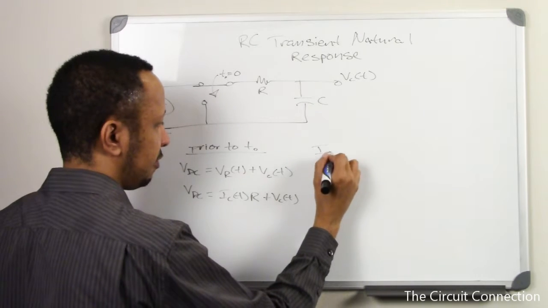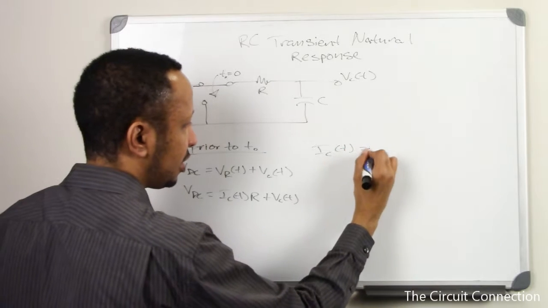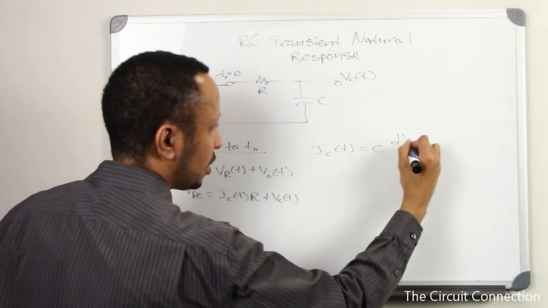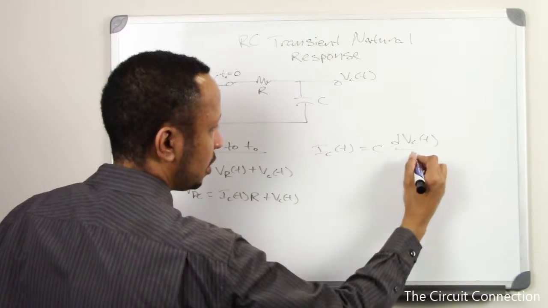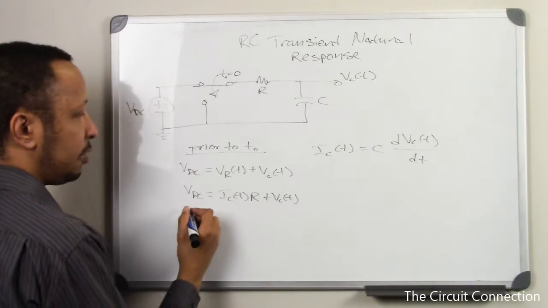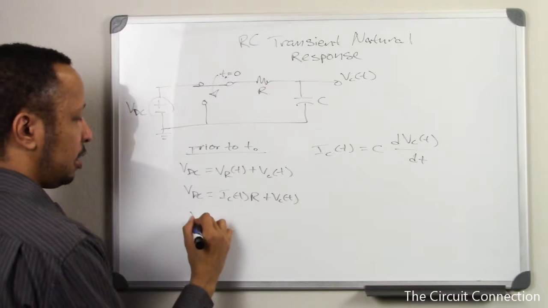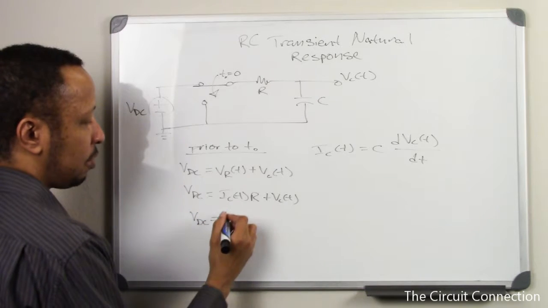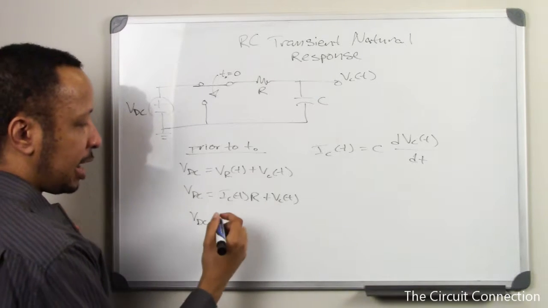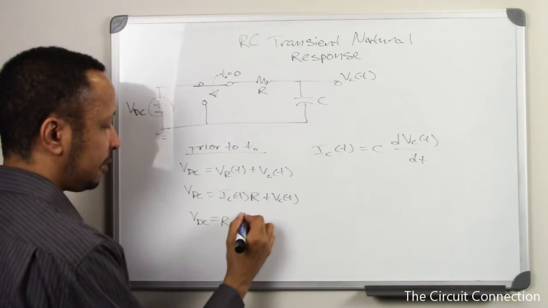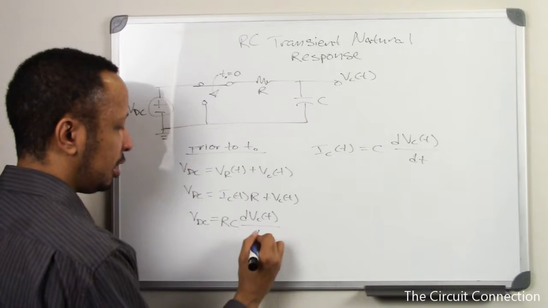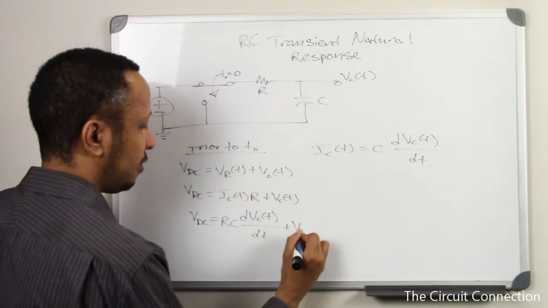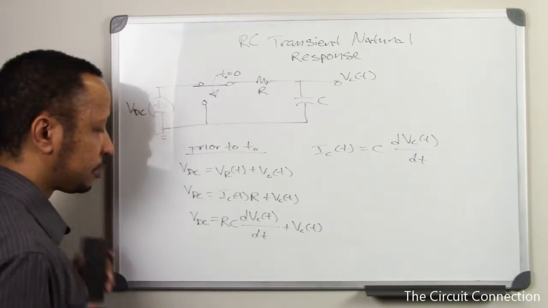Well, what is IC of t? IC of t is C times dVc of t dt. So then we're going to substitute that back into our equation. So RC dVc of t dt plus Vc of t.